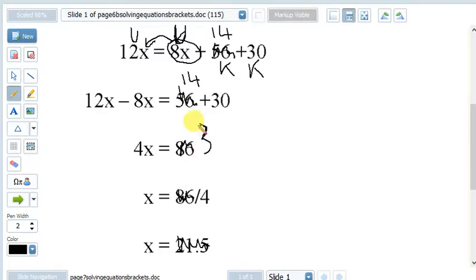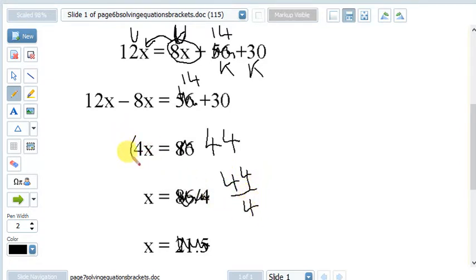Okay. So that one there is 44. Okay, so now what we've got is 4x equals 44. So therefore, let's just get rid of that, 44, and it would be divided by 4.